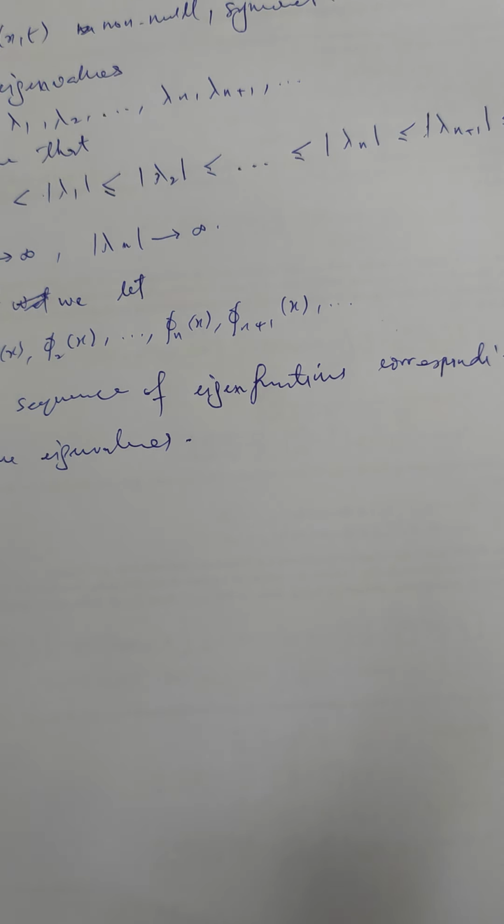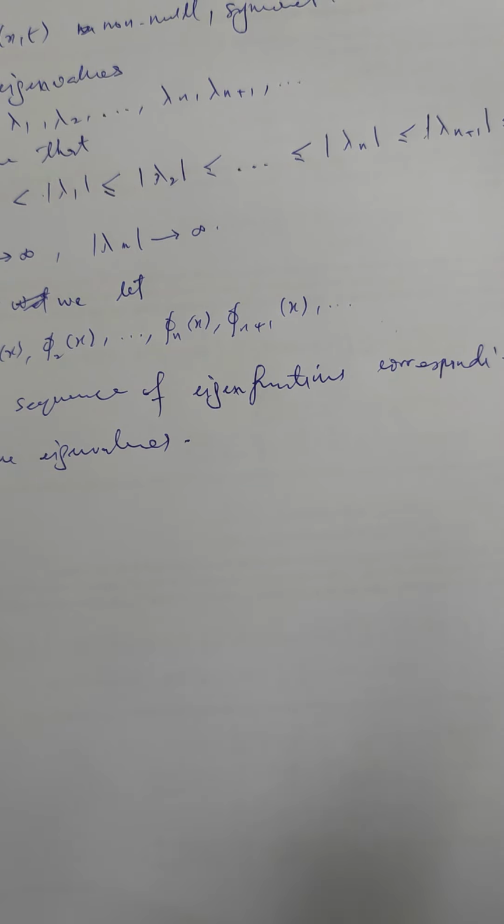Linear independence means C1 phi 1 plus C2 phi 2 plus C3 phi 3 and so on equal to 0 gives each Ci equal to 0. So that's a linearly independent set of eigenfunctions.